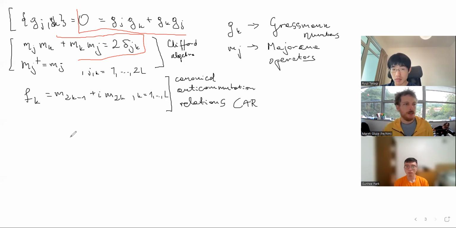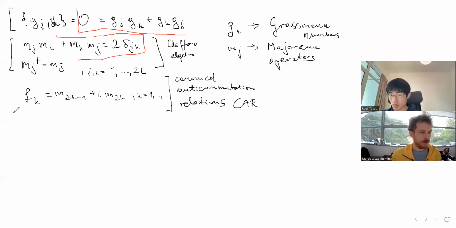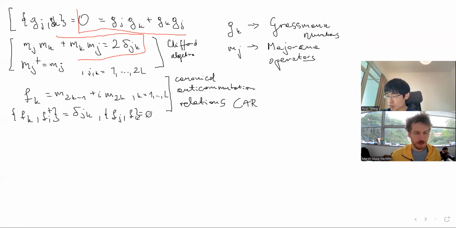Okay. And now those f_k operators will also have an adjoint operation. Here I will have the anticommutator of f_j and f_k dagger is delta_jk if there is a dagger. And if there's no dagger, f_j f_k anticommutator, then this is 0. Those two relations are independent.